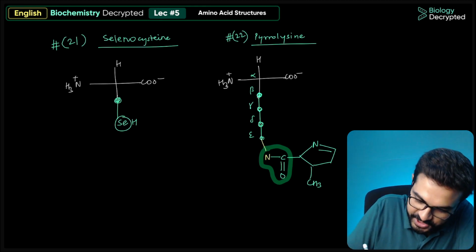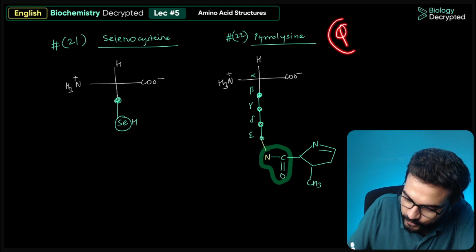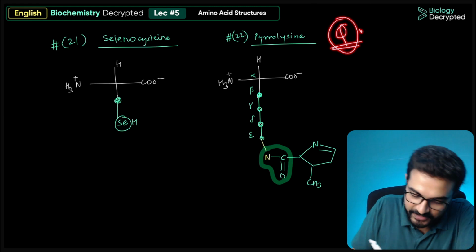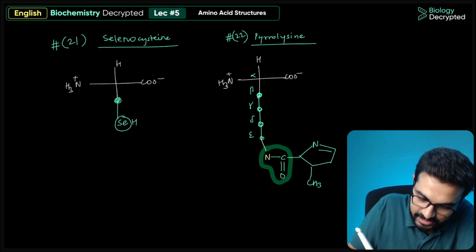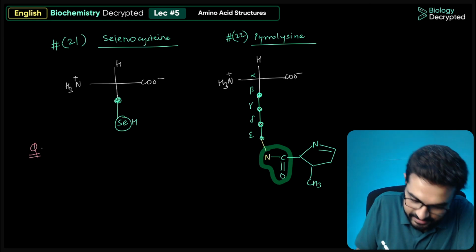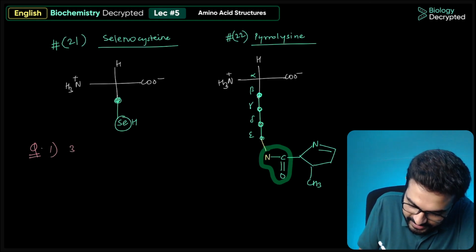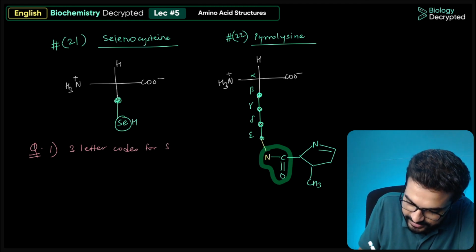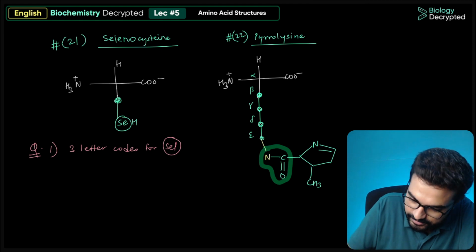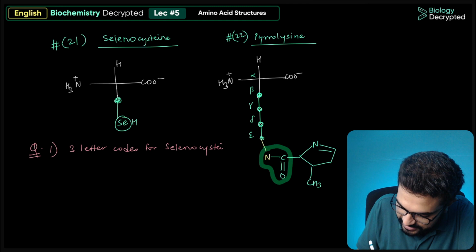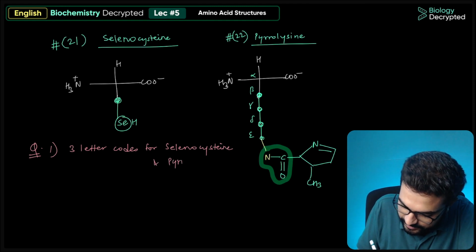Now there is a question at the end. If you have watched this video till the end, I have multiple questions for you. Tell me in the comment sections. I'll write the question here. What is question 1? The 3-letter codes for selenocysteine and pyrrolysine.